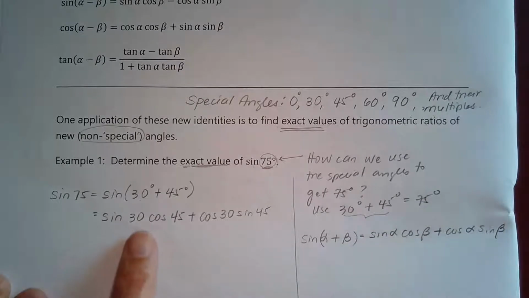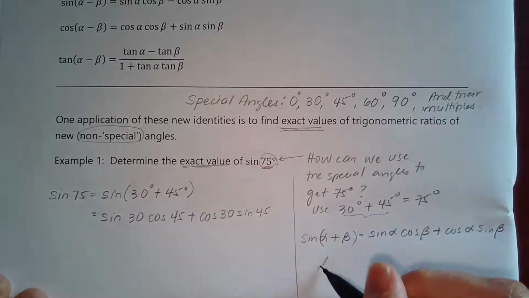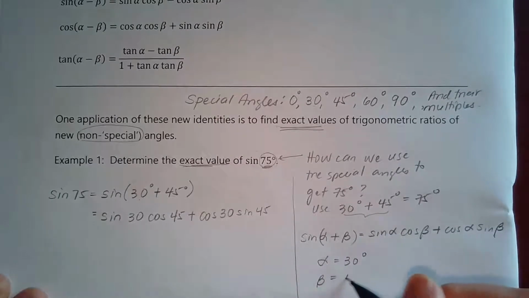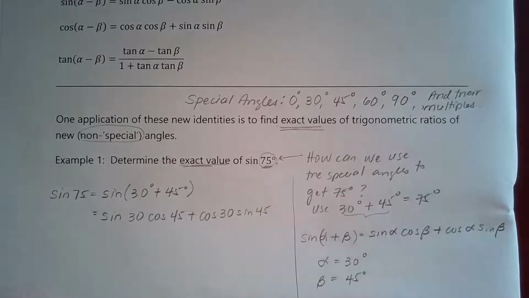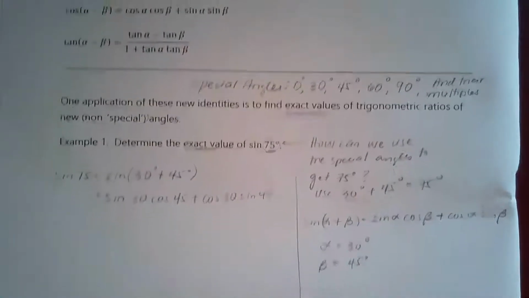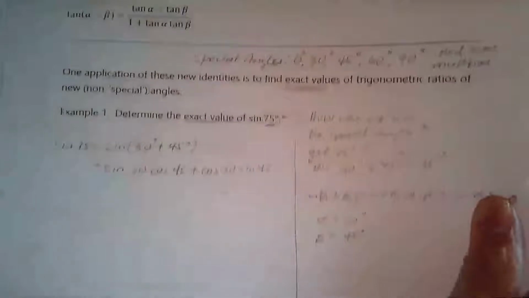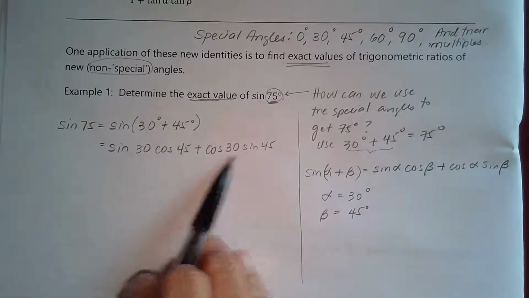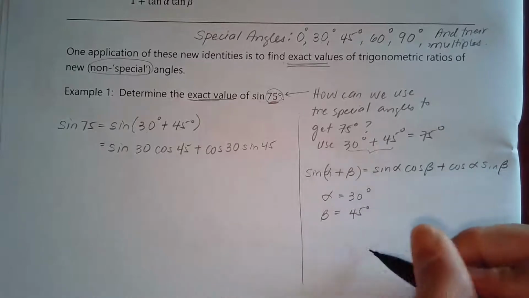In this particular case, alpha is 30 degrees and beta is 45 degrees. We're putting them in there. So now, what's this going to equal? What do we know?